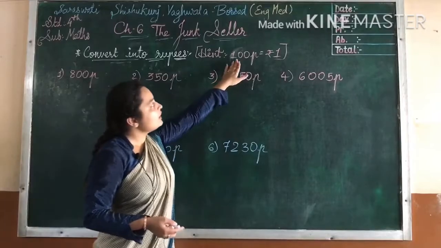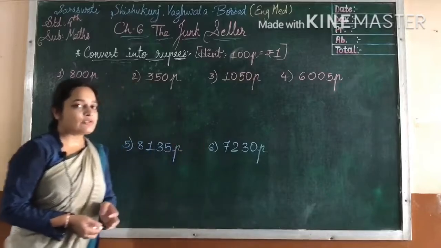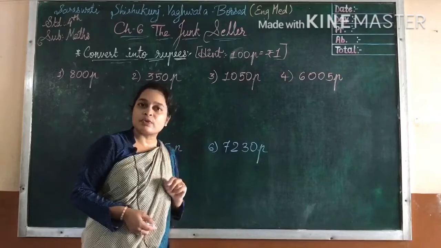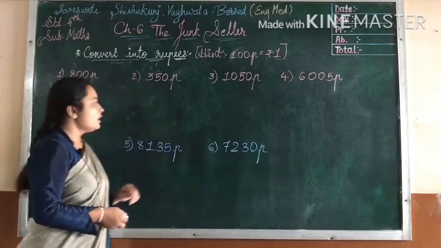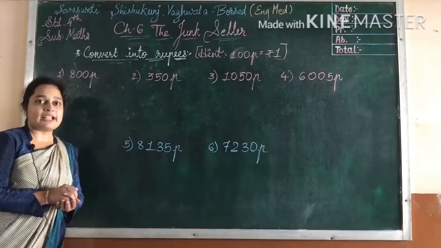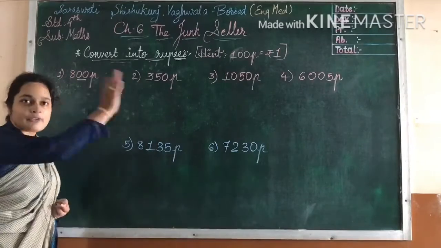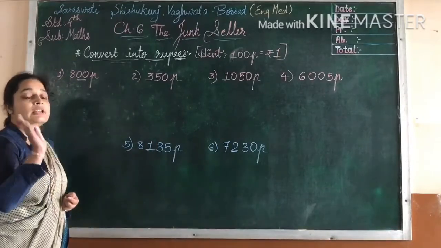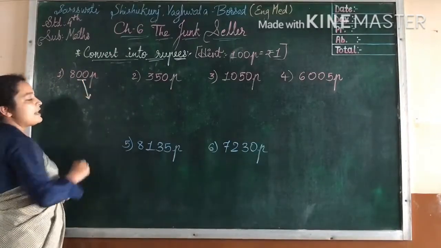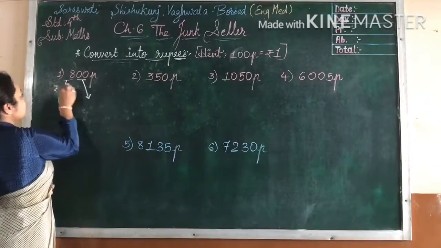You can see that 100 has two zeros at the end, so 100 paisa is equal to 1 rupee. In the same way, to convert 800 paisa into rupees, whenever you find the last 2 digits on the right side of the paisa, remember this, they are said as paisa, and the remaining will be your rupees.